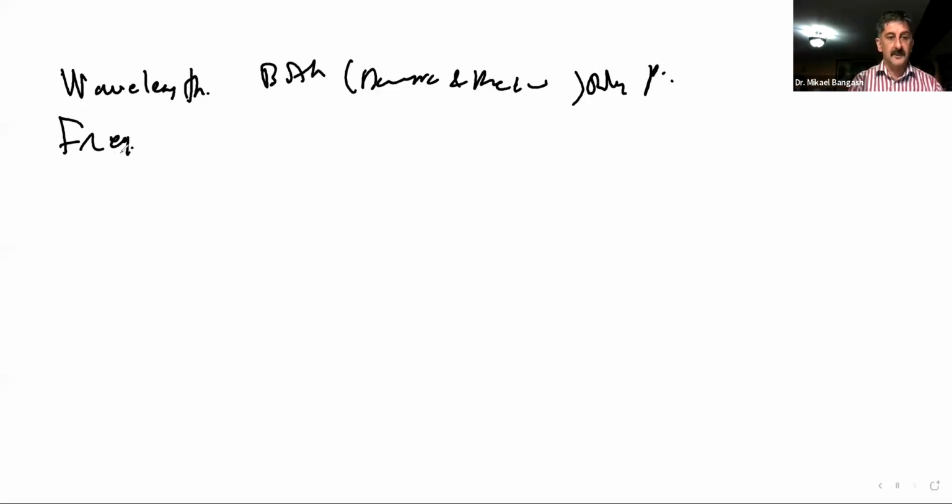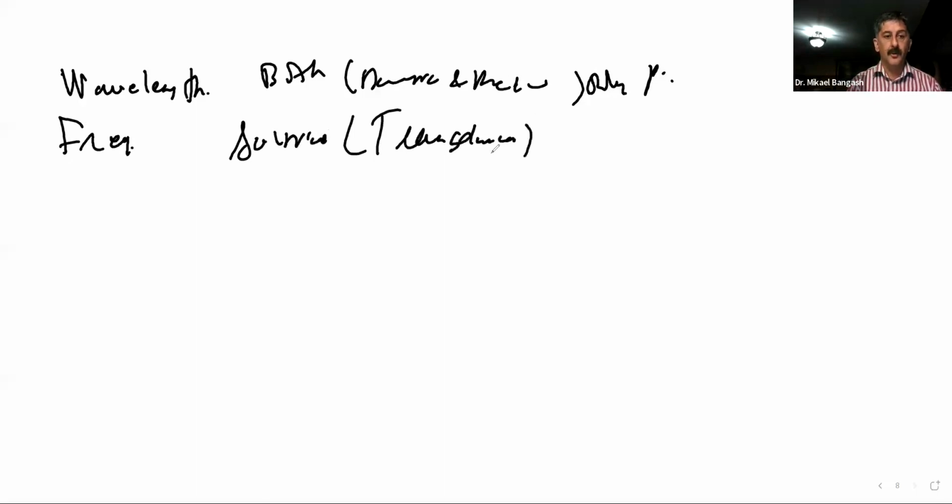Now frequency of the sound wave is determined by the source only. And what we mean here by the source is the transducer. I'm just going to skip intensity for now and go on to propagation speed.